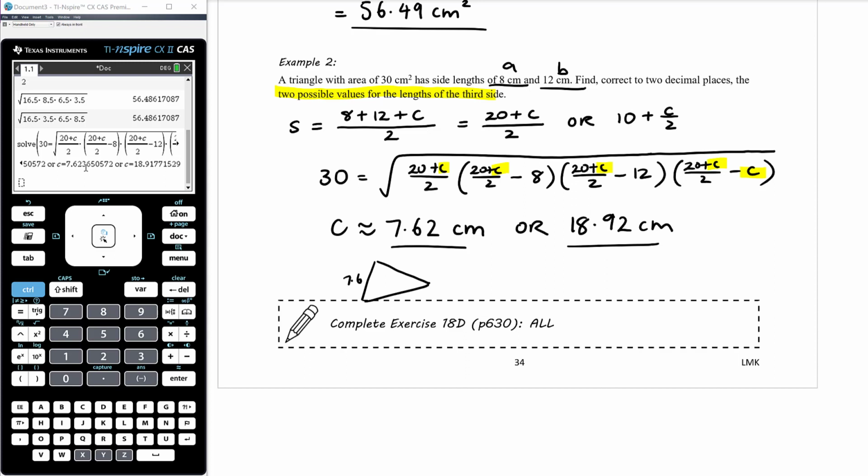Whereas if C is 18.92, so nearly 19, you're getting a really long, thin triangle. Even though this is a really big triangle, you've got that area spread over a long thin shape, whereas the other is a stumpier, fatter thing, and so they have the same area ultimately.